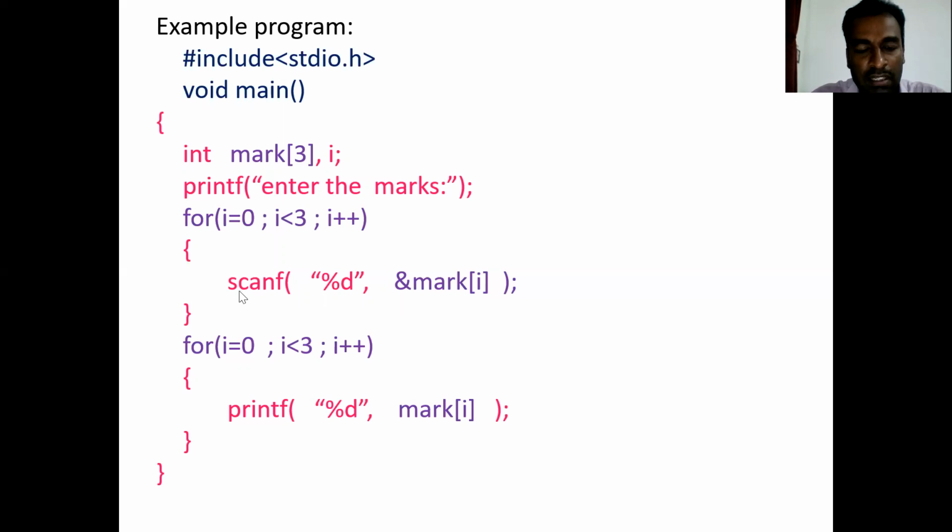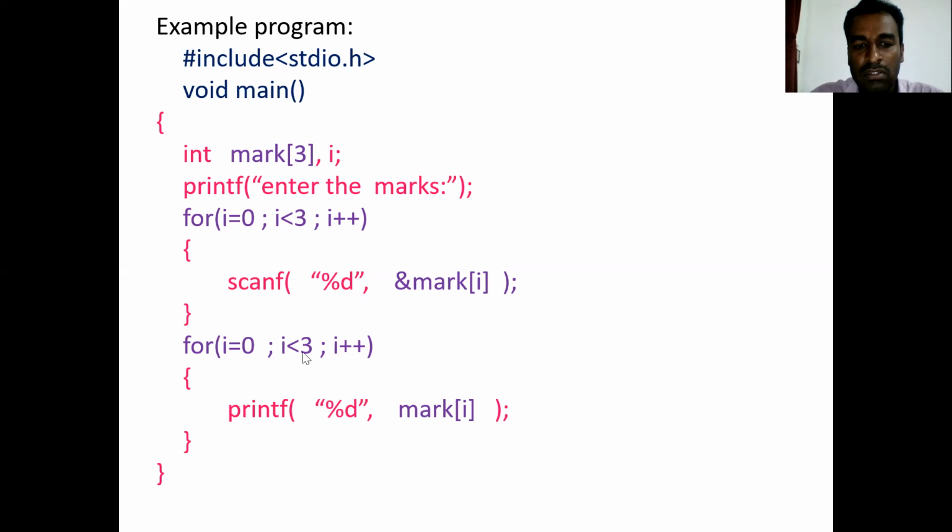After getting the 3 different marks, I'm going to print the marks for i equal to 0, i less than 3. So here marks of i. In this statement, I get the marks. I'm giving the input values as 95, 96 and 97. 95 is stored in mark of 0, 96 is mark of 1, and 97 is mark of 2.